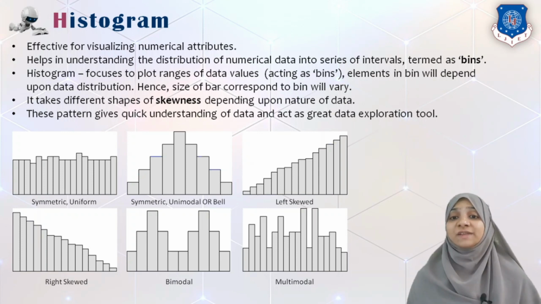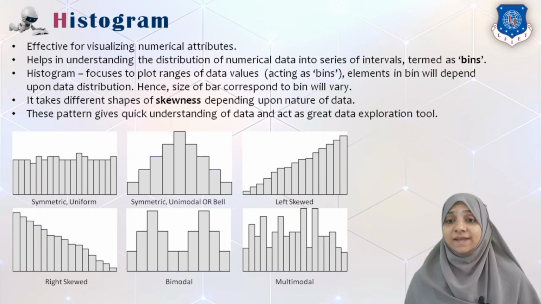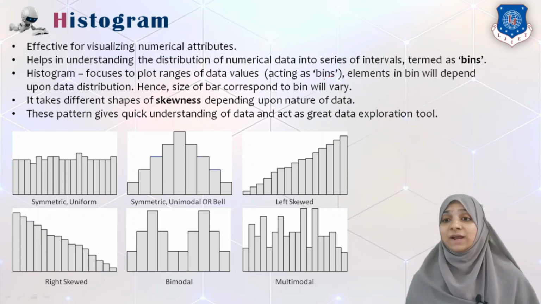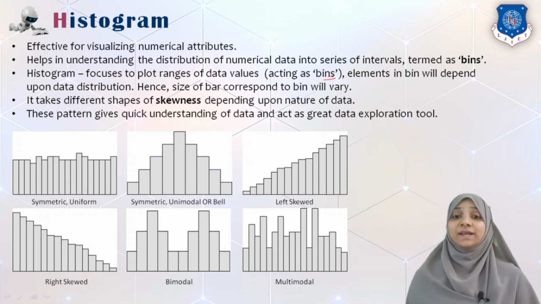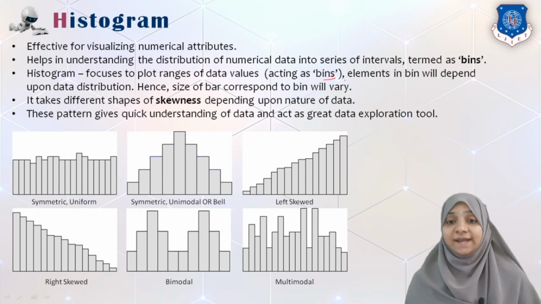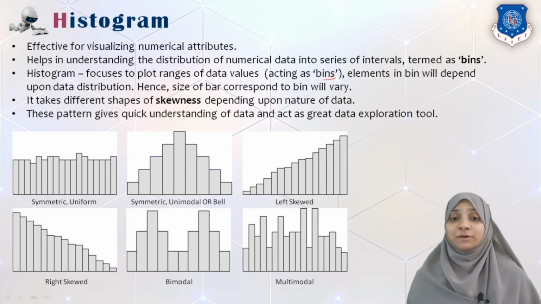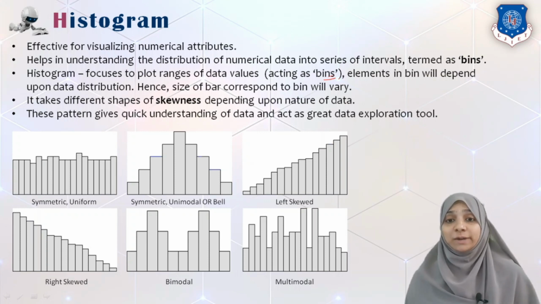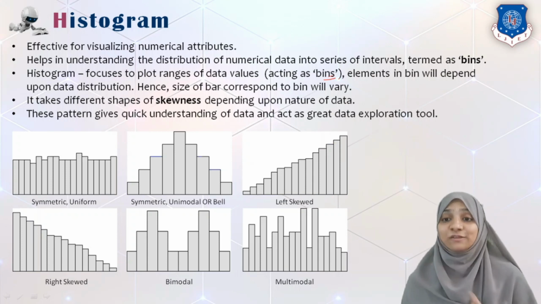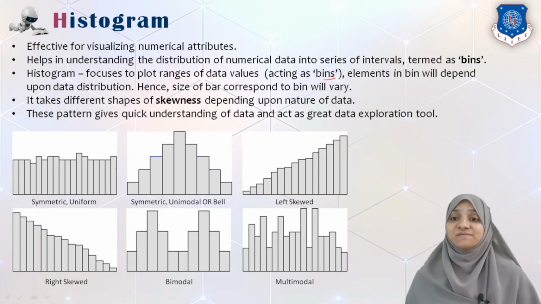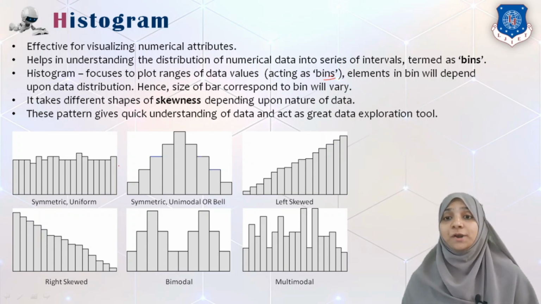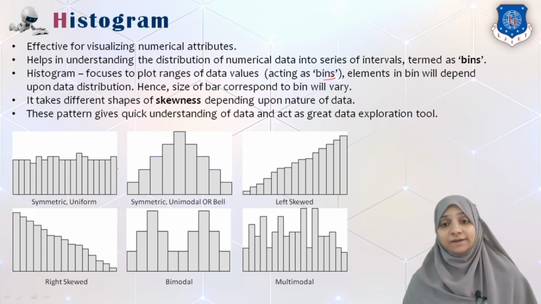So a histogram basically focuses on the plot range of data values that are called bins, and the number of elements in a bin depends upon the data in the data set. If there are more people with age 11 to 20, the bar of 11 to 20 will be the highest and so on. So the size of the bar will vary according to the data present in the data set.